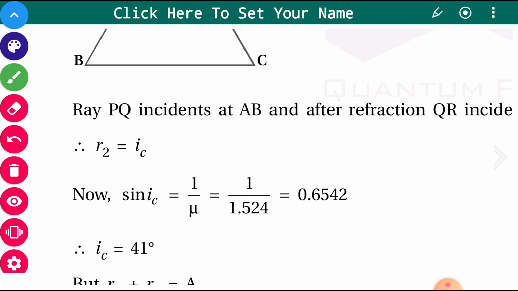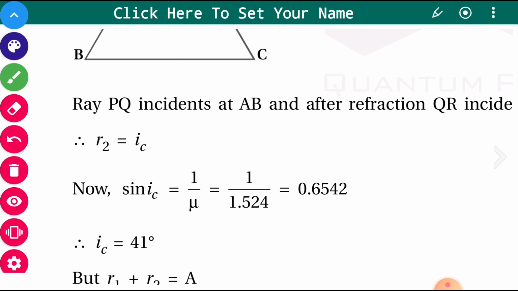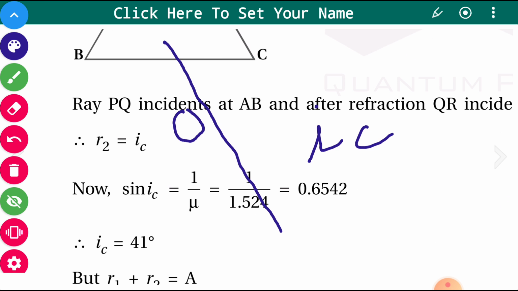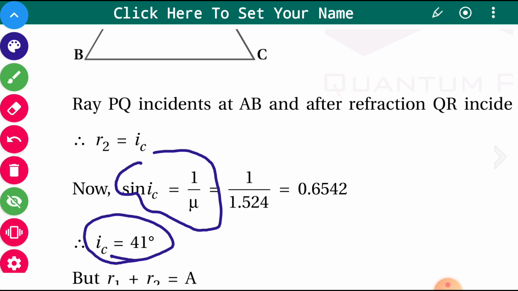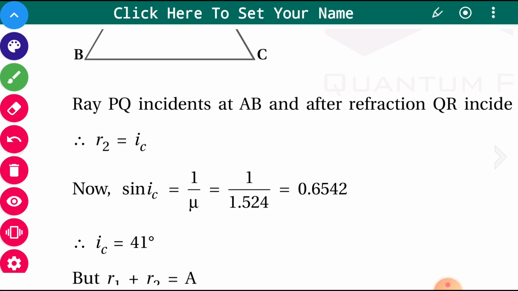And as you know, sin IC is 1 upon mu. So here you can easily calculate the angle of incidence, that is 41 degree, because sin IC is 1 upon mu, 1 upon 1.524 is equal to 0.6542, and if you find this value from natural sine table, then you will get 41 degree.